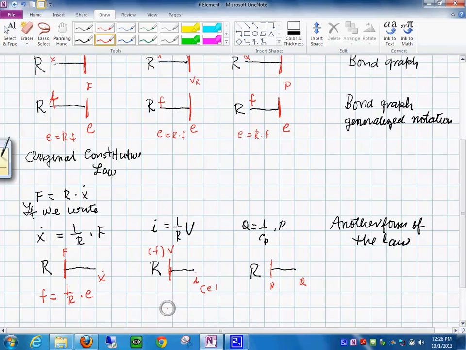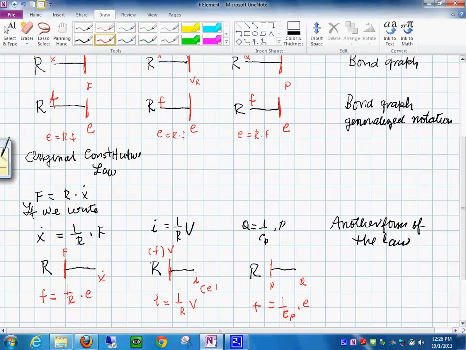So the constitutive law for this one is that I is equal to 1 over R. Well, I already did that over here. The idea is that now F is equal to 1 over C P, or we call it R, times the effort variable.